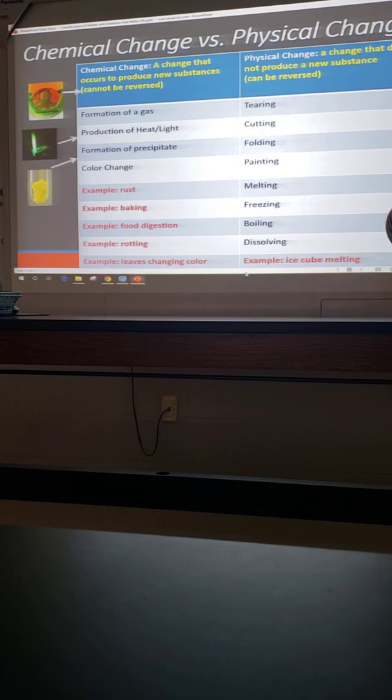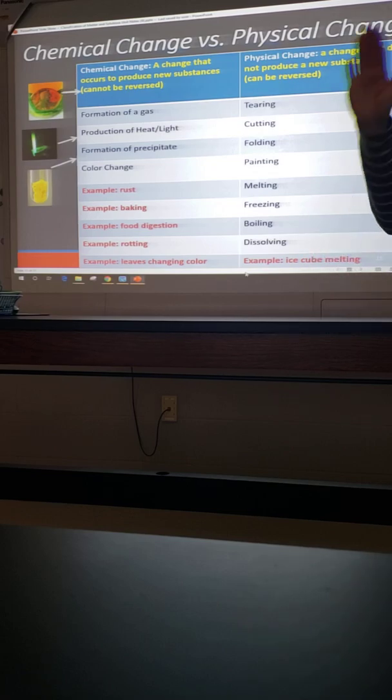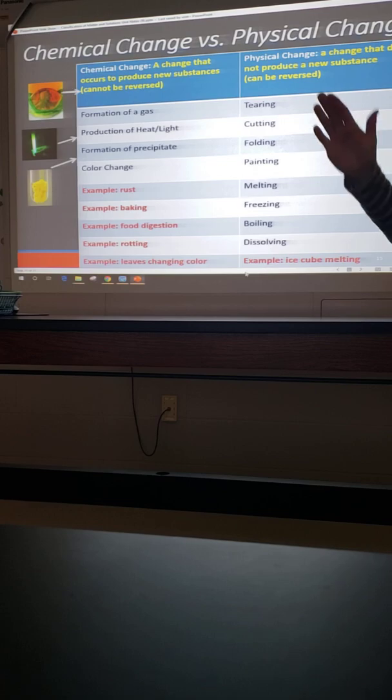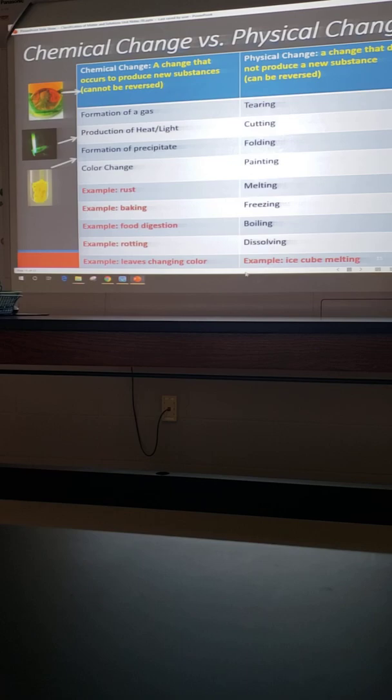So it looks like it now becomes part of that liquid, right? It looks like you have something totally 100% different. You had plain water, you have the Crystal Light, you put them together and it looks like you get something brand new. I'm going to prove to you that it's a physical change because we are going to boil that Kool-Aid or Crystal Light and then we'll see what happens, okay?